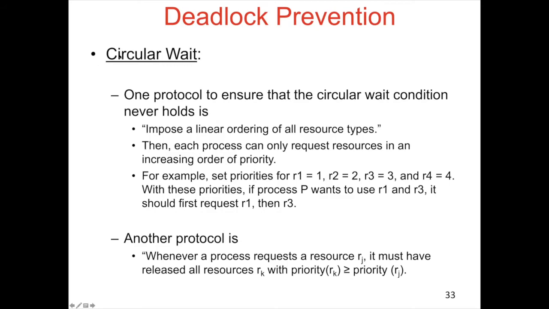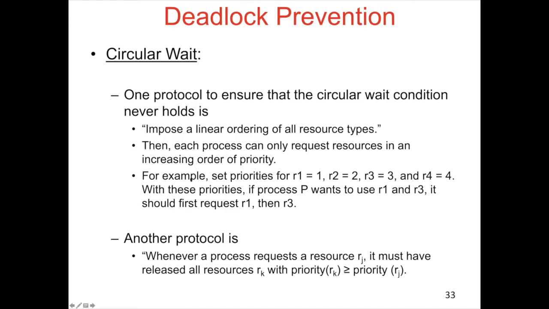The last one is related to the circular wait condition. If circular wait is overcome, then deadlock will be prevented. One protocol to ensure that the circular wait condition never holds is to impose a linear ordering of all resource types, then each process can only request resources in an increasing order of priority.